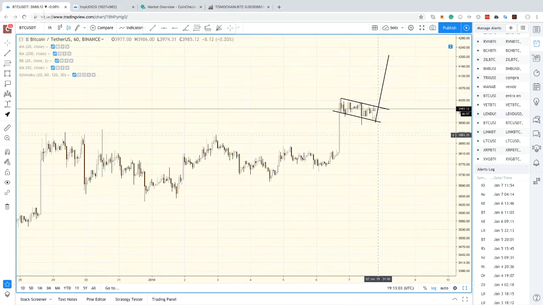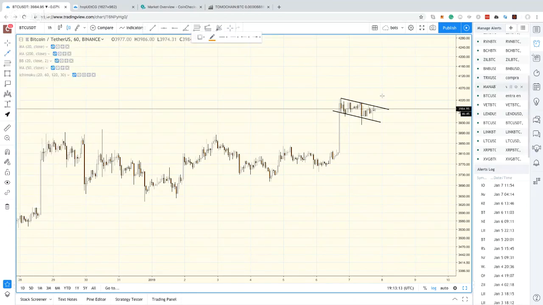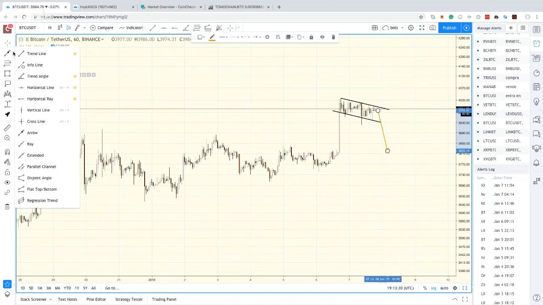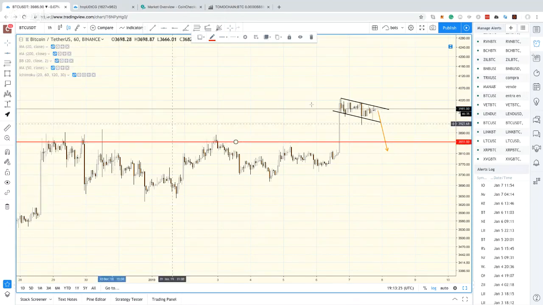So this is one bias, and the other one could be a bear flag, and the price can go down. There's always going to be a bearish and a bullish setup here, and we can go to this support line. This was resistance, so this should be support.